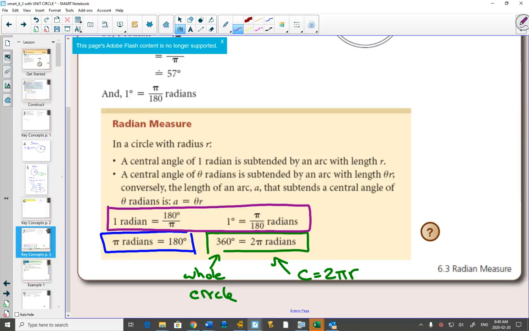Me personally, I always start with the green and the blue one, because it's really easy to go from the blue to the purple ones and not make a mistake. You know that there's 2 pi radians in a circle, there's 360 degrees in a circle. It's really easy to get the green and the blue from memory, because it just sort of makes sense. And then you can get the purple ones after that.